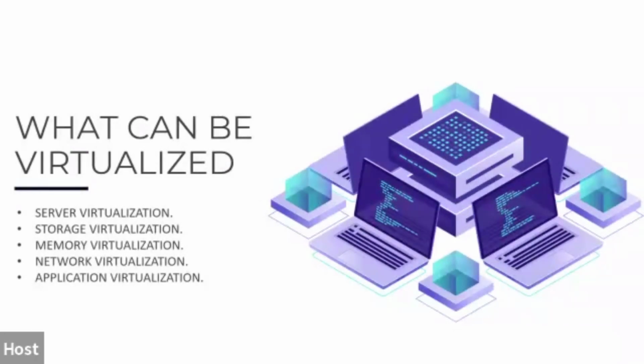You can virtualize that, and that plays a lot of important factors for us going forward, because networking is something that people rarely look into. And if you don't know the basics, you will really struggle in your future roles as a DevOps engineer or a cloud engineer. We'll talk about networking tomorrow. And application virtualization. We'll talk about all of this today, except for network virtualization, because I'll take it tomorrow when I introduce you to the basics of networking.